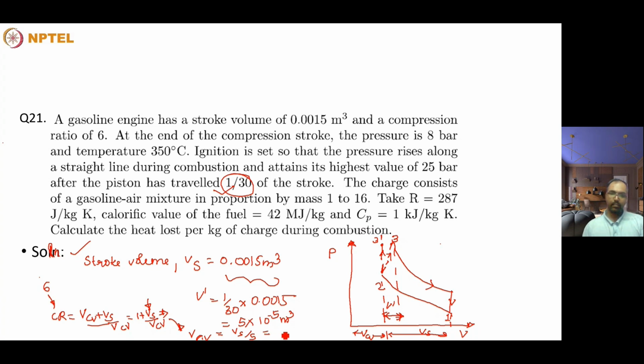That will be around 0.0003 meter cube. So we know the value of V clearance volume, V stroke volume, and V dash. Then we can calculate the value of the volume at the point 3.